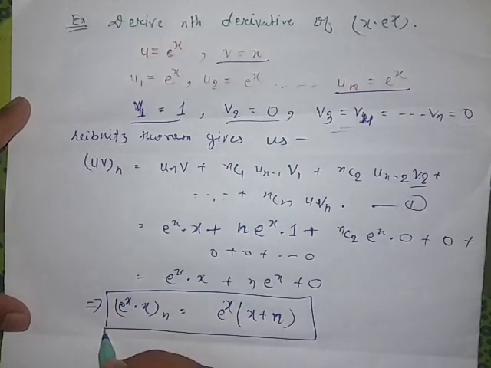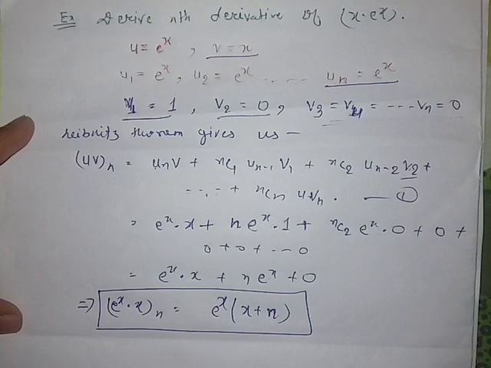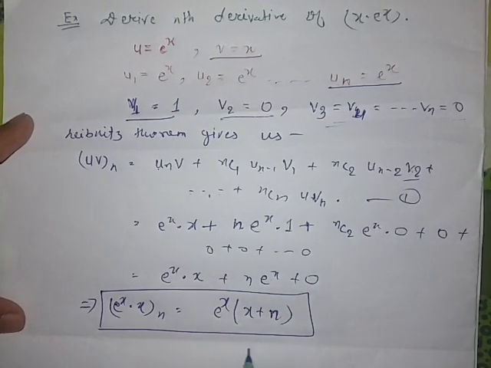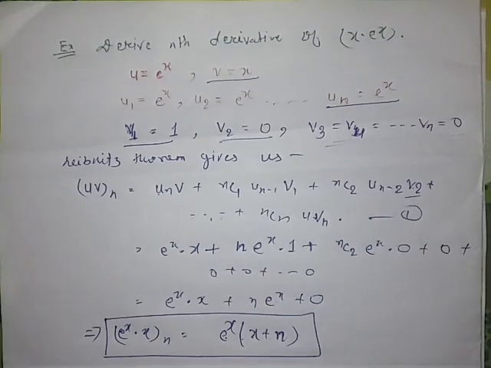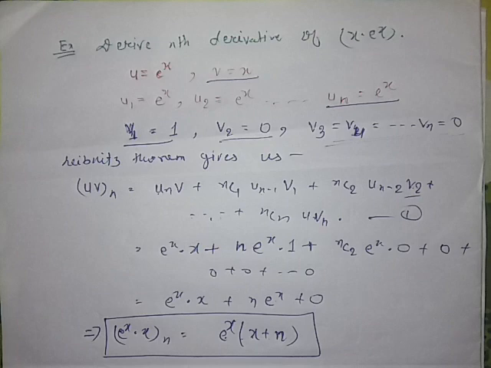So this is our result. That means the nth time derivative of the product ex into x will be equal to e to the power x into x plus n. So this is an example of Leibnitz theorem.